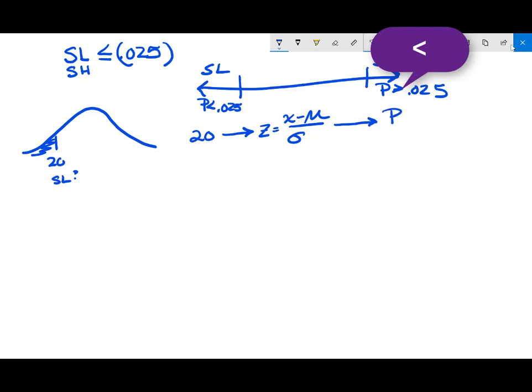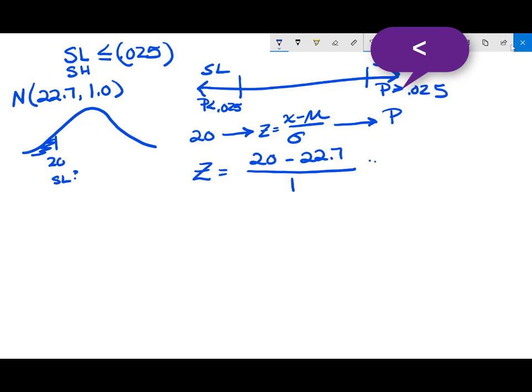Okay, so we're going to do, and remember for women it was normally distributed with the mean of 22.7 and a standard deviation of 1. So we're going to take our 20 minus 22.7. I think you can see we're going to get a negative z-score divided by 1.